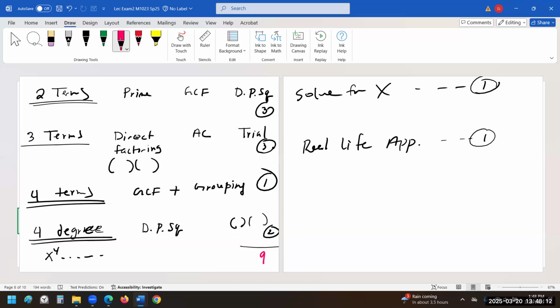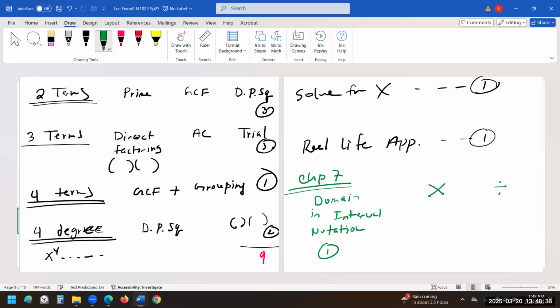And now we are going to chapter 7. Chapter 7, I'm going to give you only 3 questions. One is find the domain in interval notation. Multiply and divide.